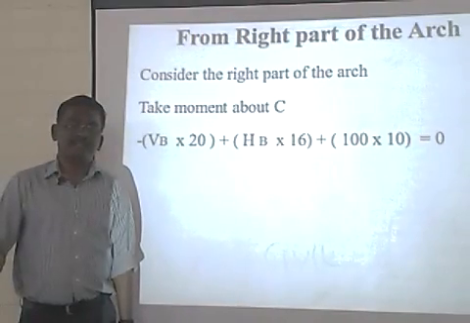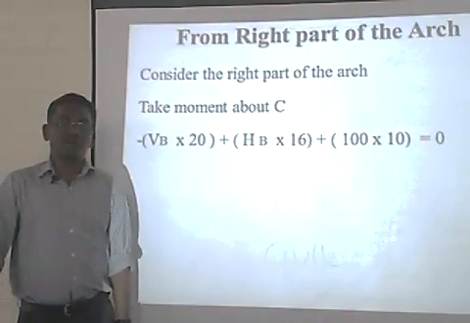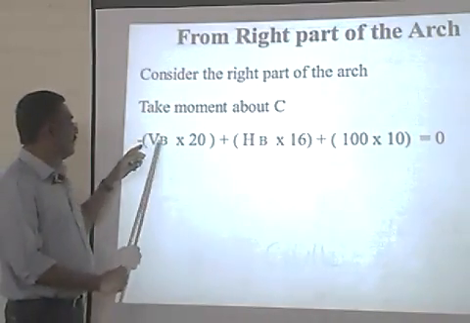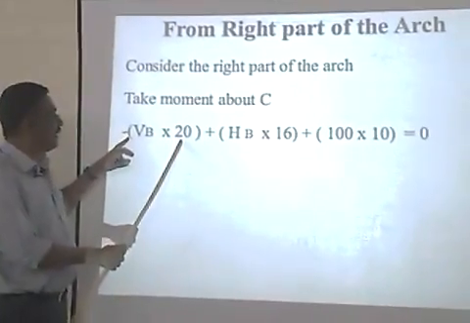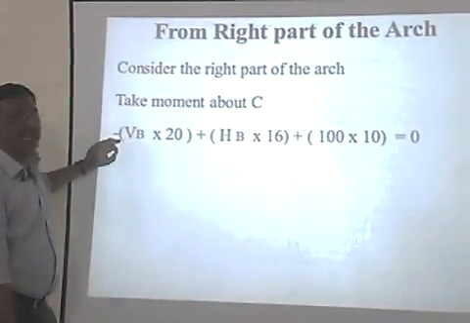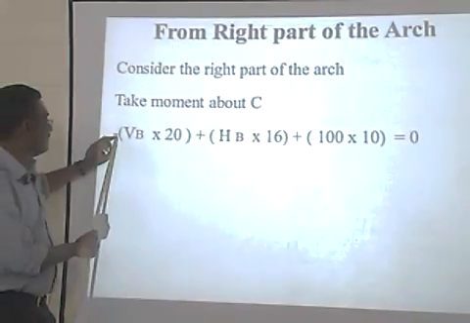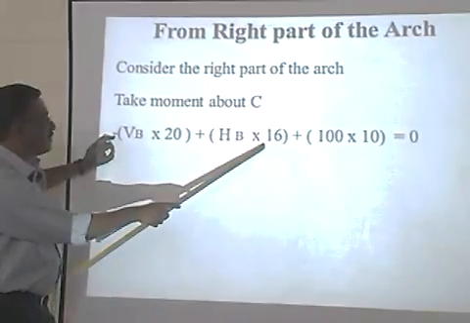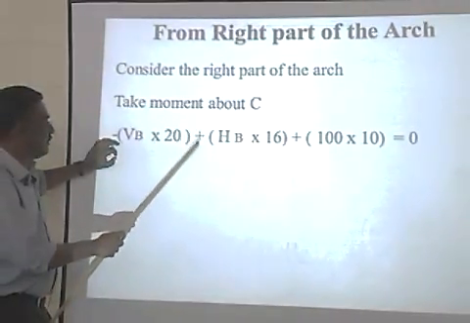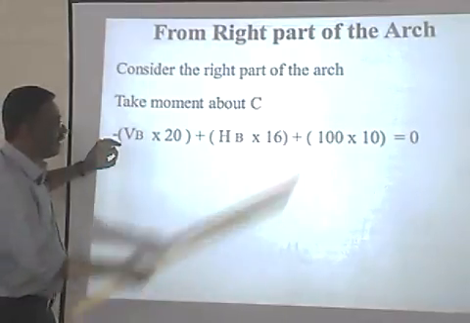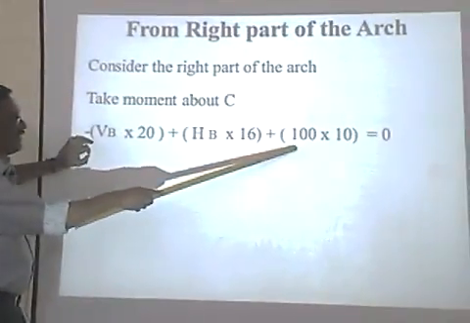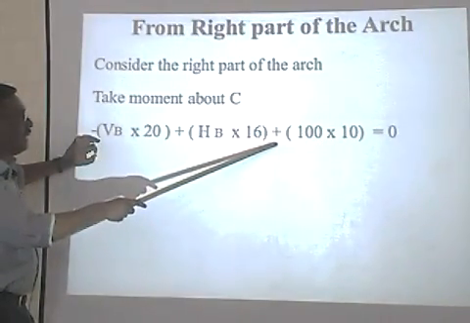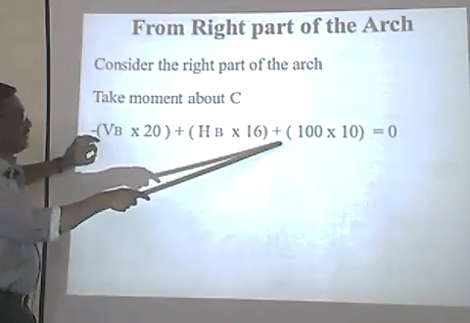We are now considering the right part of C. Let us include all the force components and distances in the moment equation. The vertical reaction VB acts at a distance of 20 meters from crown C and makes an anti-clockwise rotation, so it is negative. The horizontal reaction HB acts at 16 meters from crown C and makes a clockwise rotation, so it is positive. The downward load of 100 kilonewton acts at 10 meters from crown C and is also positive.